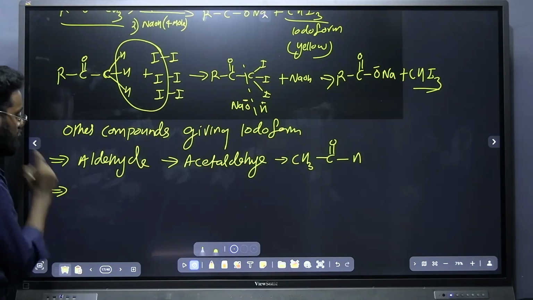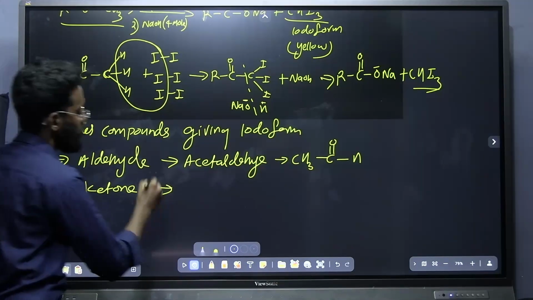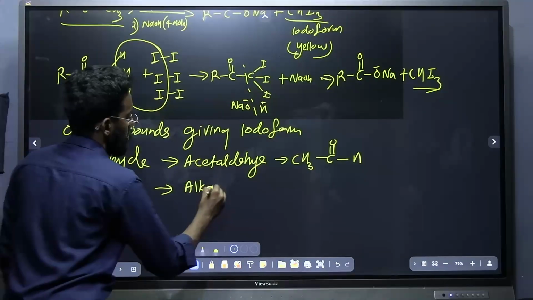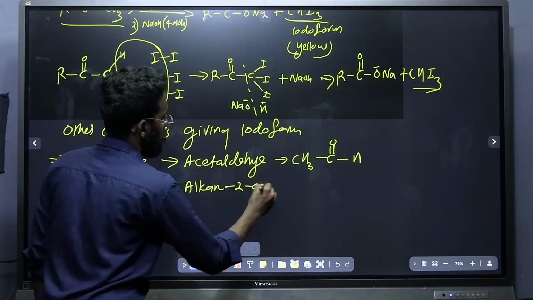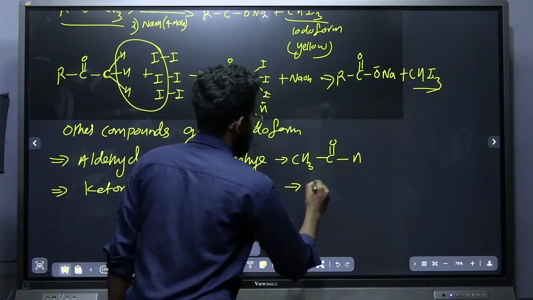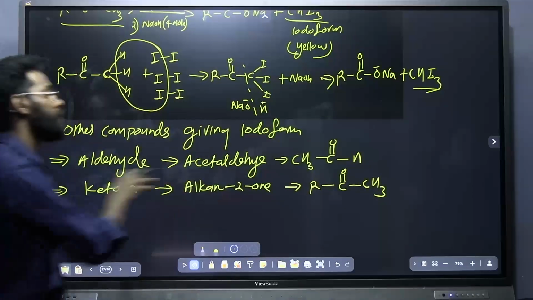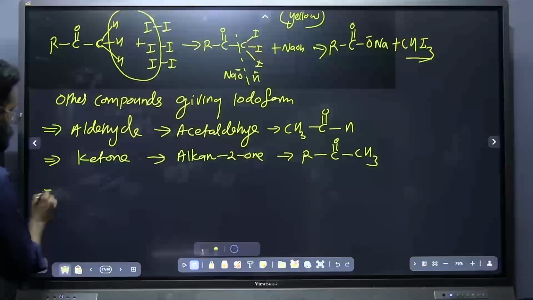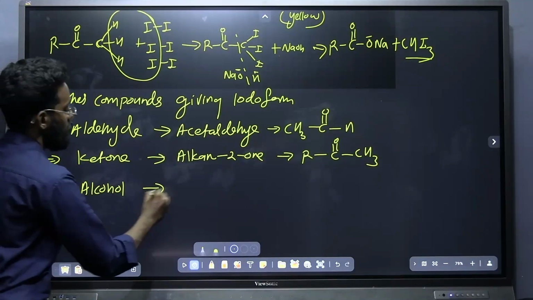Now when it comes to ketones, which type of ketone will give the iodoform test? Alkan-2-one, that is R C double bond O CH3. Only alkan-2-one type of ketone will give the iodoform test. Now the third one, alcohol. Which alcohol will give it?